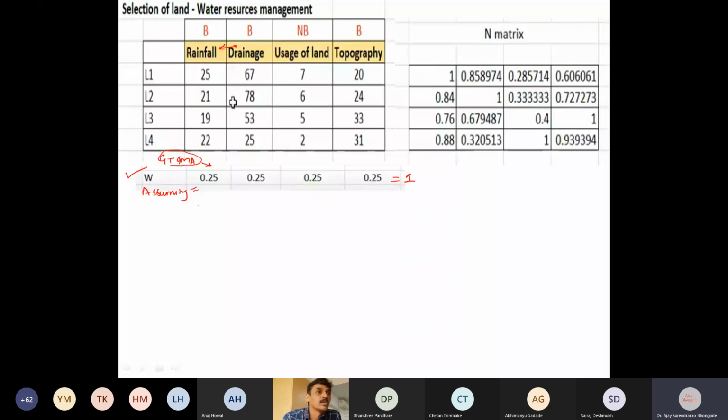So once you have assumed the weights, you can find out the score for option 1, the score for option 2. Option 1 will be 0.25 into each of those normalized scores: 0.25 into 1, plus 0.25 into 0.858974, plus 0.25 into the third element, that is 0.285, and so on.